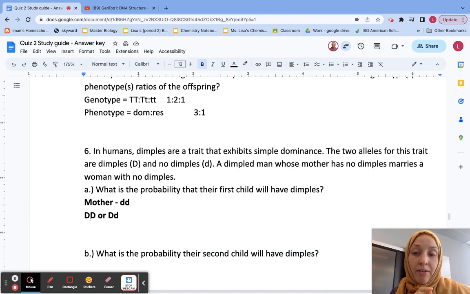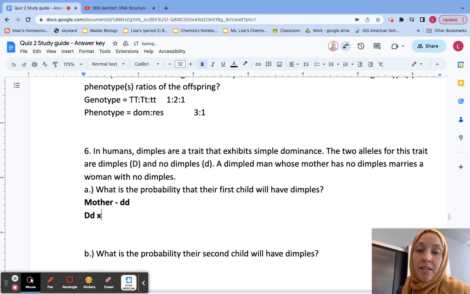She couldn't have passed down a dominant allele, so she must have passed down a recessive allele. This tells me that this dimpled man must be heterozygous, not homozygous dominant, because his mother had no dimples, so she was homozygous recessive.